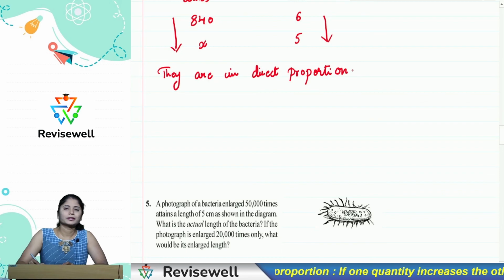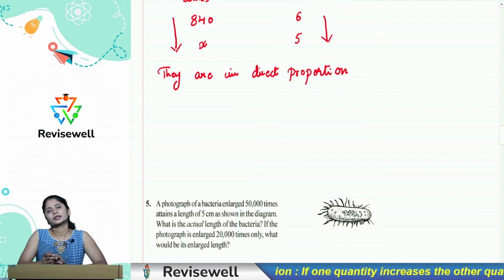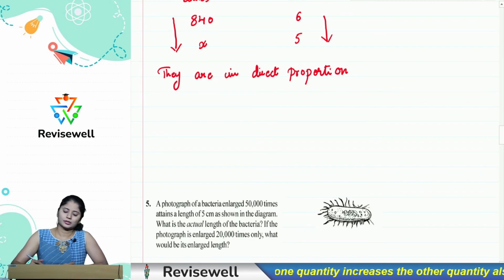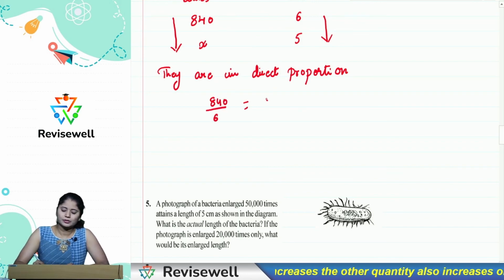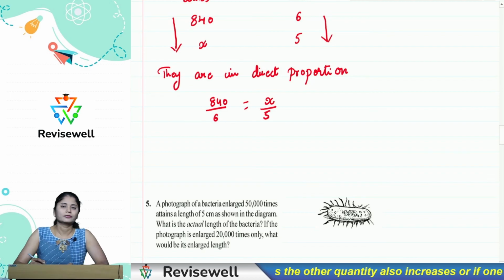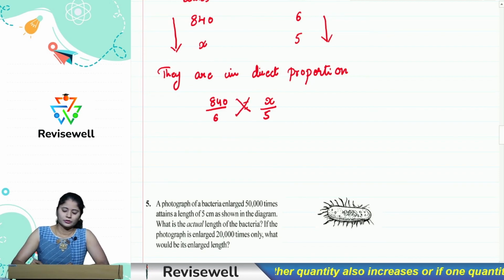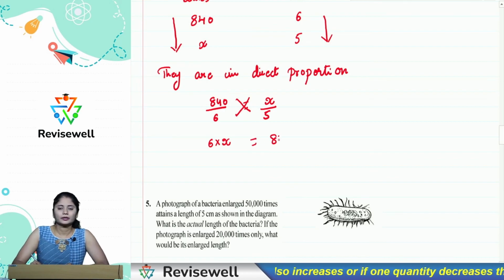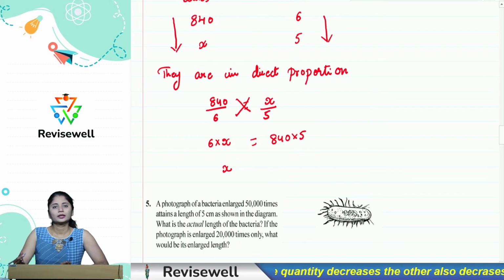Okay. So whenever it is in direct proportion, the ratio will always remain constant. That is 840 over 6 will be equal to X over 5, cross multiply it. So that is 6 into X equals 840 multiplied by 5. In order to get the value of X, you are shifting the 6 to the right hand side.